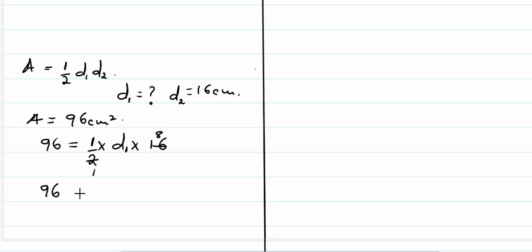So 96 will be equal to 8 d1. So to get diagonal 1, I need to take 96, then divide by 8. So this one will be 96 divided by 8 is 12 centimeters. And that is the missing diagonal.